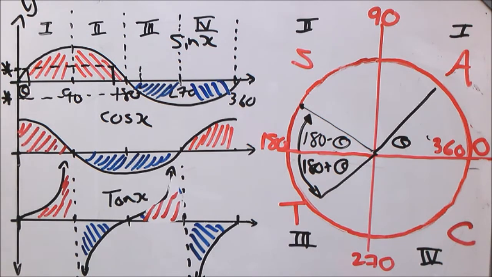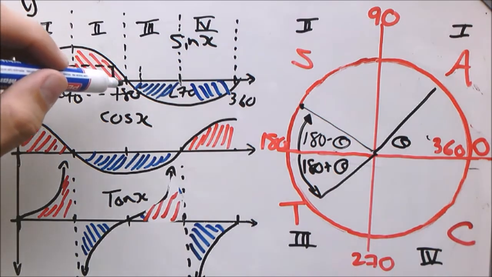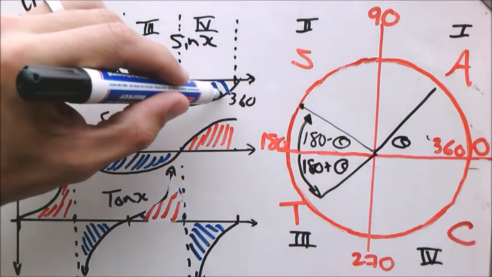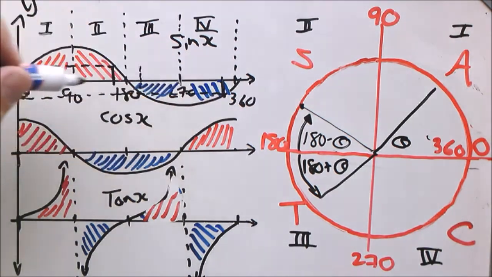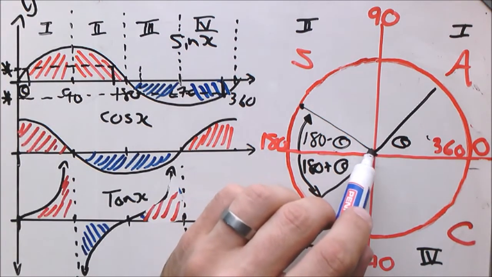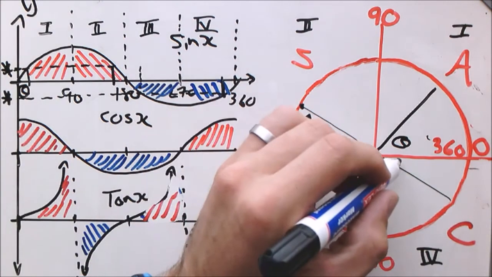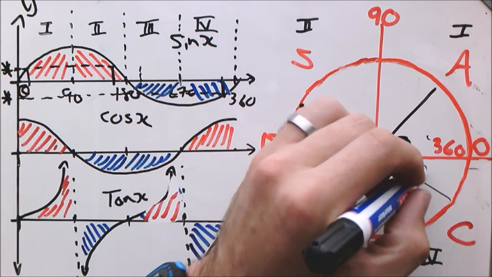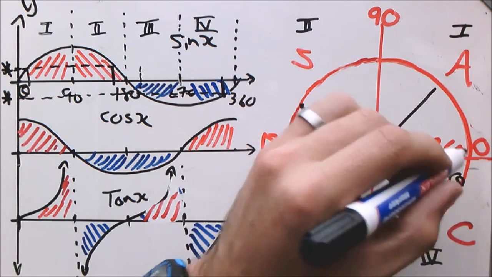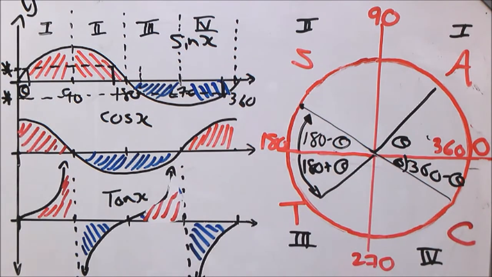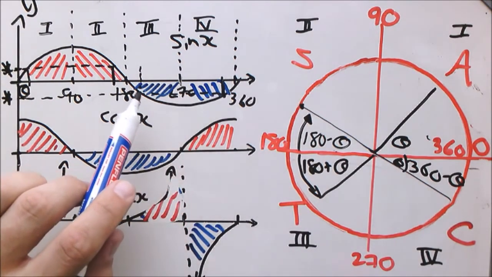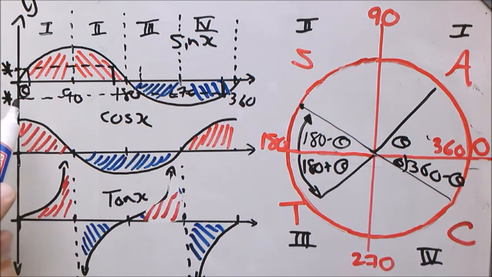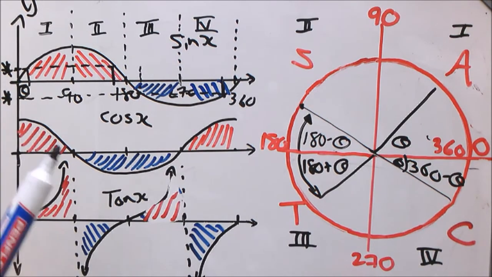Let's move over to the fourth quadrant. If you take 360 minus theta, you again get the same value, but it will be a negative of what we've got in the first quadrant.